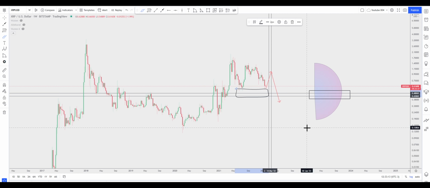Crypto and precious metals are risk assets. They will take a big hit. Gold and silver will take a big hit. Palladium will take a big hit. Platinum will take a big hit. So why would XRP only go down a little bit? Doesn't make any sense, right?